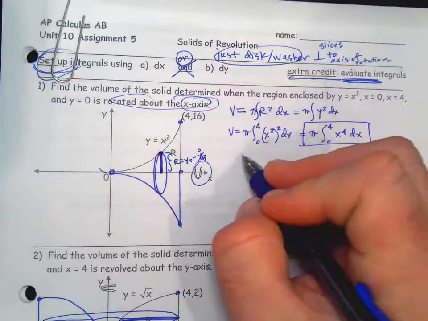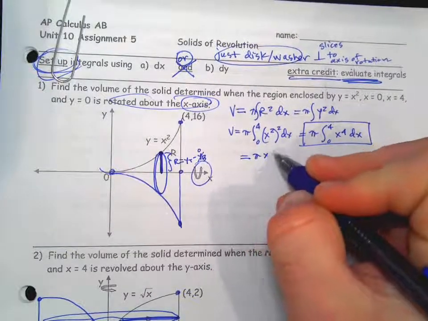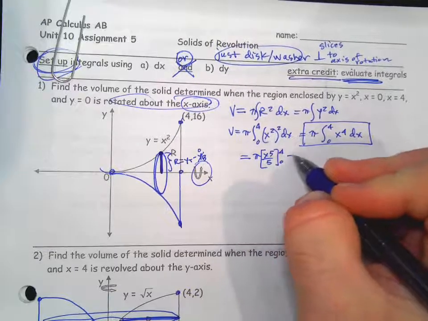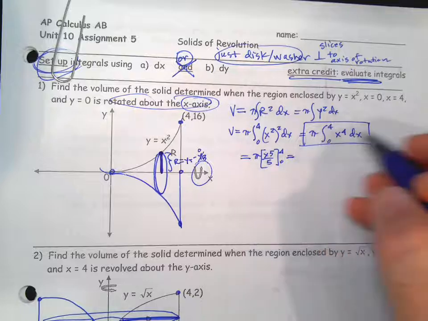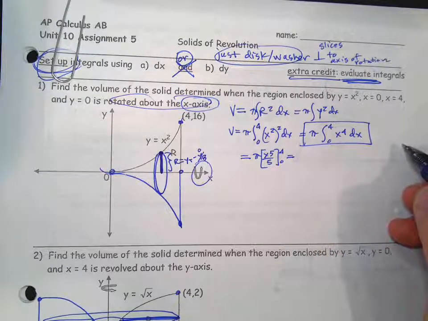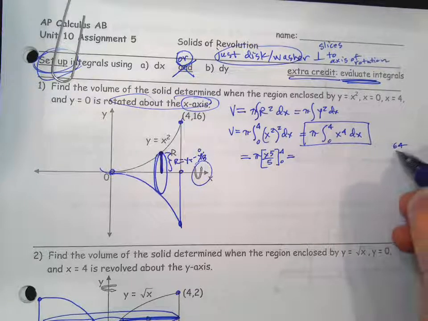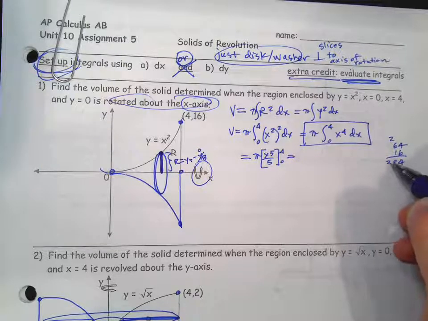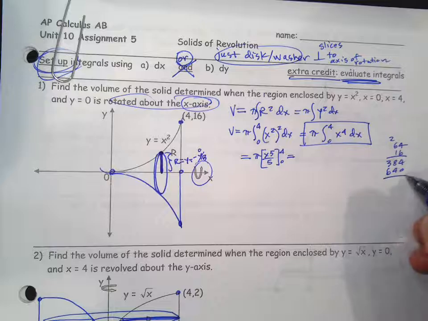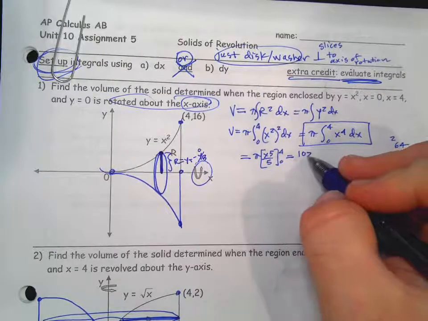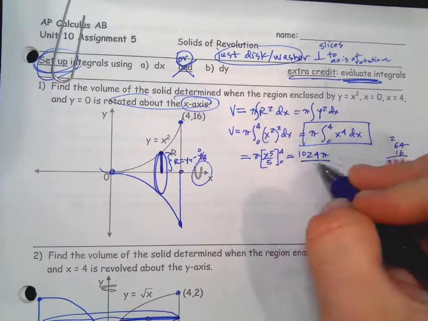If we were to do it by hand, it's going to be x to the 5th over 5, from 0 to 4. 4 to the 5th power: 4 to the 3rd is 64, so 64 times 16 gives us 1024. So the answer is 1024 pi over 5.